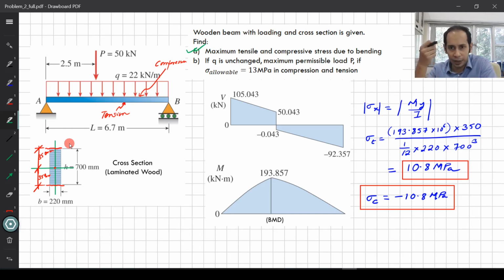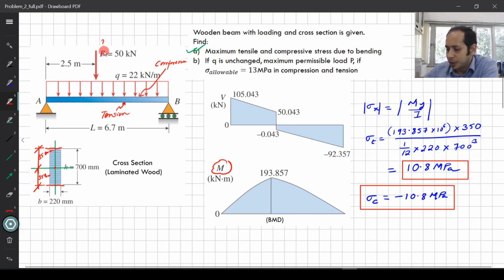So here your P is unknown, and you still have to deal with the maximum moment. Q stays unchanged, Q is 22, so the moment you have to calculate now is in terms of P.